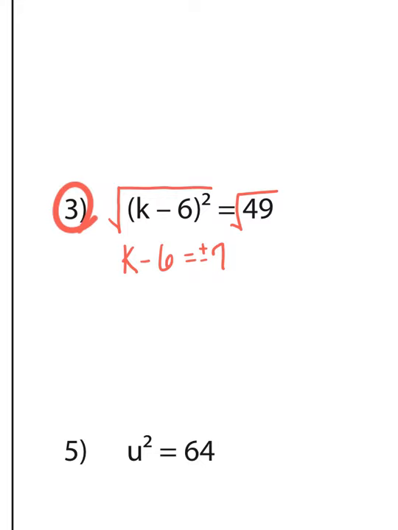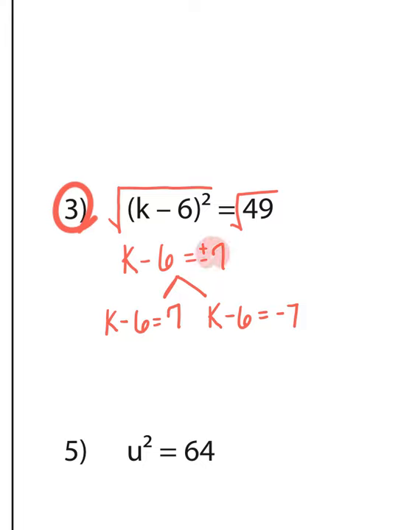Now, we're going to break this down into two separate equations. So we're going to have k minus 6 equals positive 7 and k minus 6 equals negative 7.